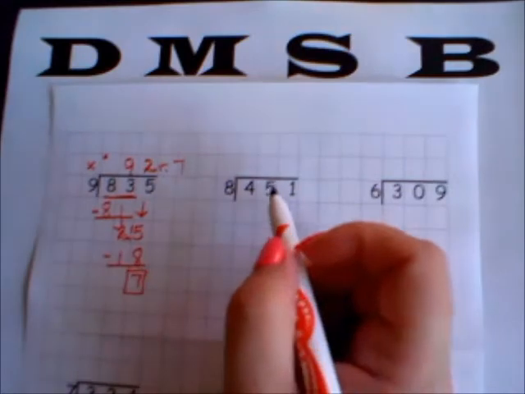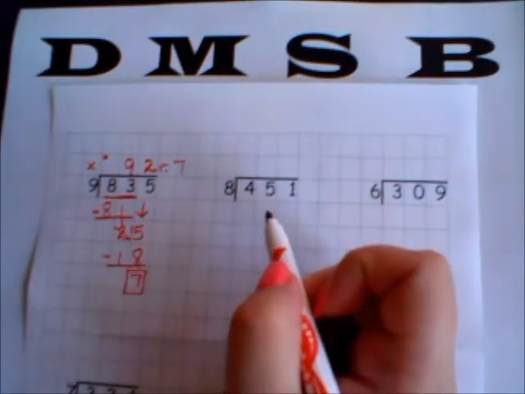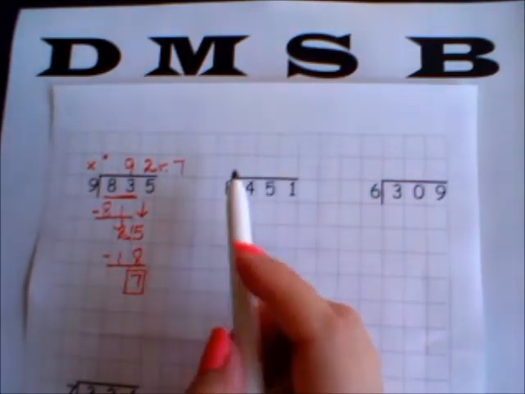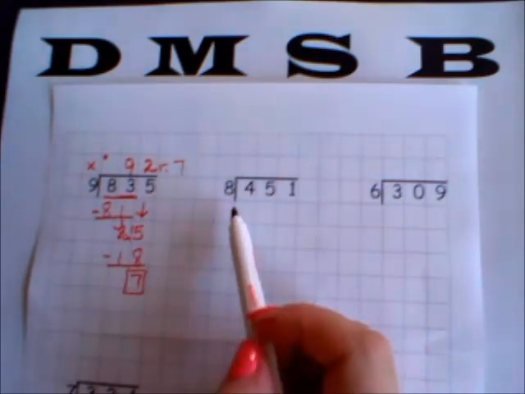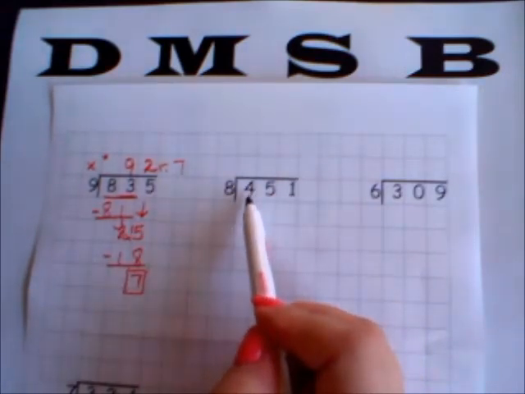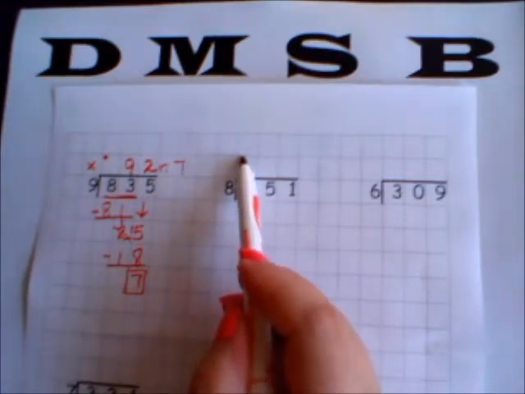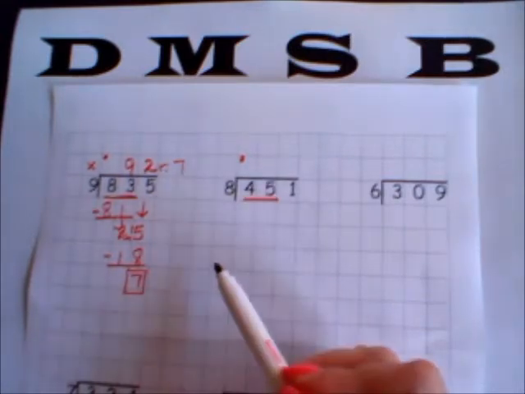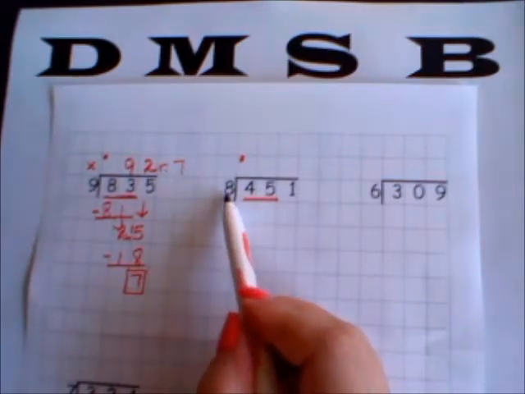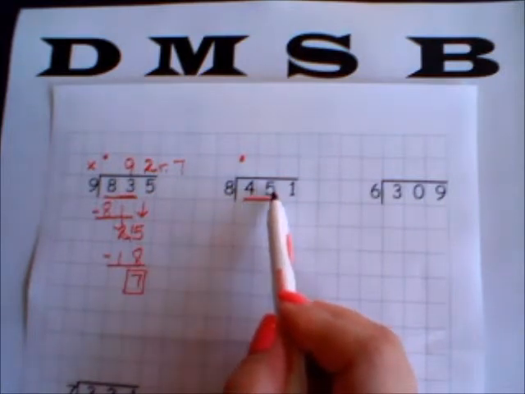Okay. Looking at our next problem, if we start our DMSB loop, we ask how many times does 8 go into 4? Well, 8 doesn't go into a 4, right? Okay, 0 times, right? So we have to look at the next number. So now we're looking at 8 goes into 45.